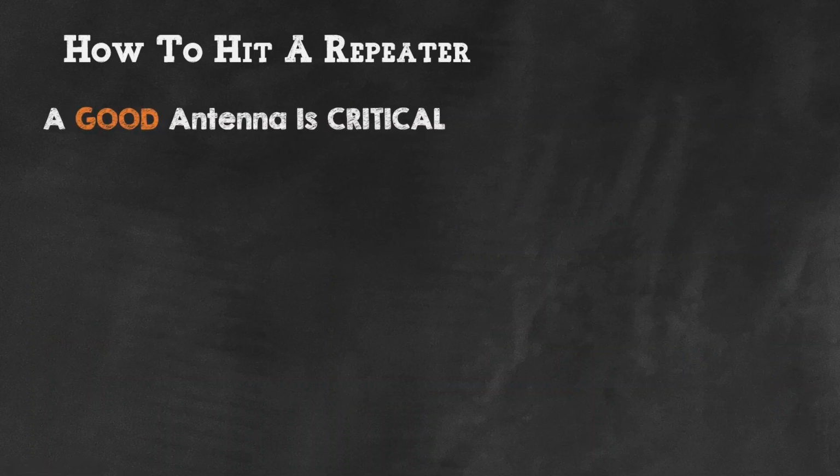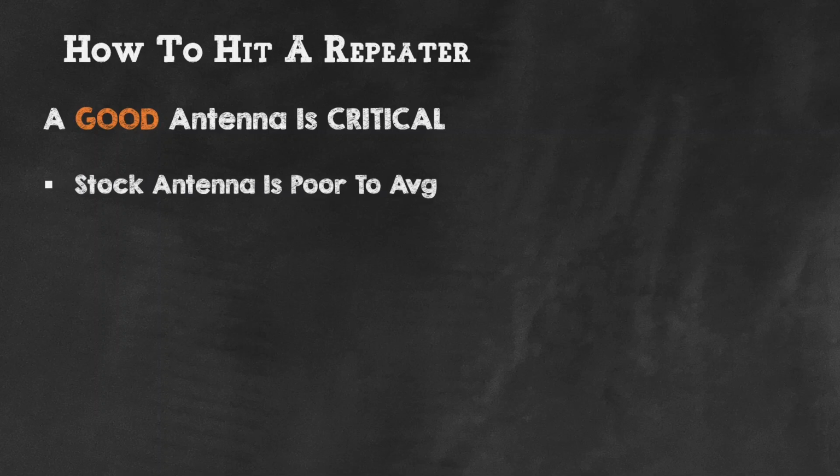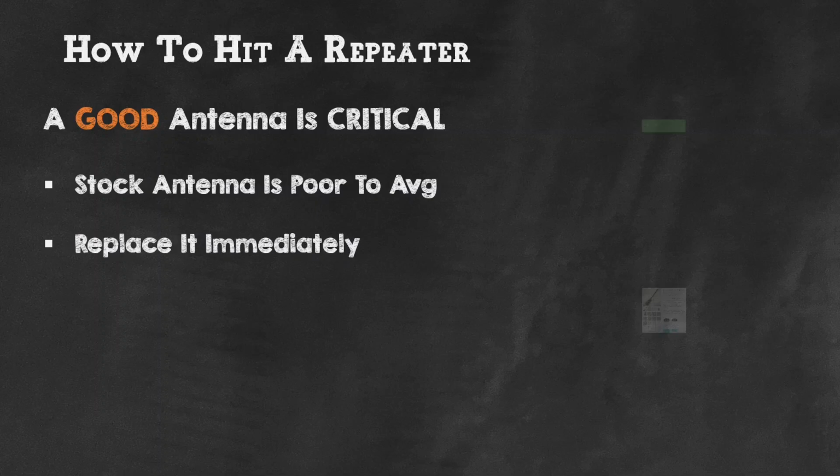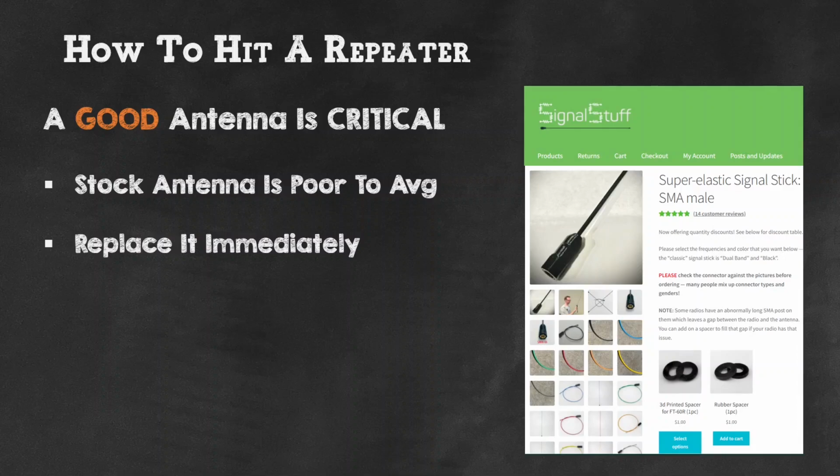So how do you hit a repeater? Most important thing, as I mentioned earlier, is a good antenna is critical. A bad radio with a good antenna is better than a great radio with a bad antenna, most of the time. And so stock antenna, poor to average, replace it. What I would recommend, and I don't get any money from this, no promotion. Again, I'm trying to save you time and frustration from experiencing all of this.